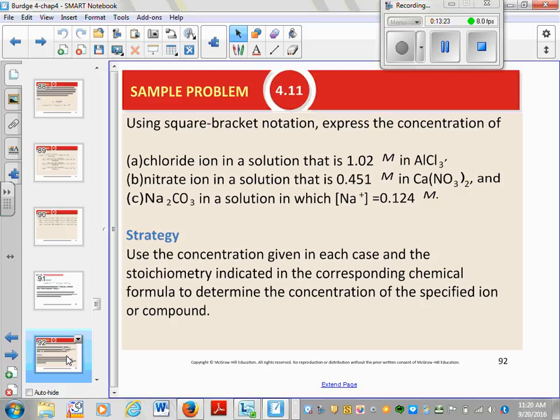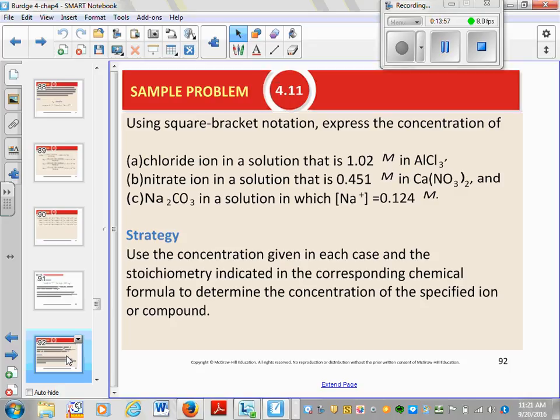It's going to break up into Al 3 plus, Cl minus. How many Cls? 3. So if I start with 1.02 molar AlCl3, how many Cl minuses? Okay. It would be 3.06. 3 times that. I get 3 Cls for each AlCl3.